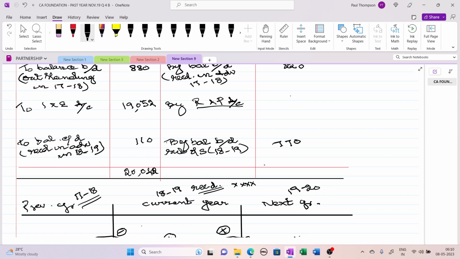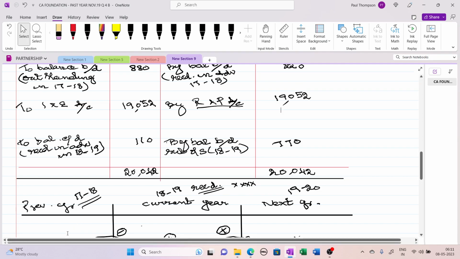Just copy this amount on the opposite side, 20042, and you subtract 220 and 770, you are getting a figure of 19052. The same figure will go to your receipt and payment account. So this is over. So we will be able to do it in an easy way.